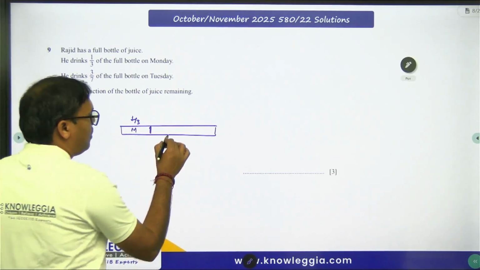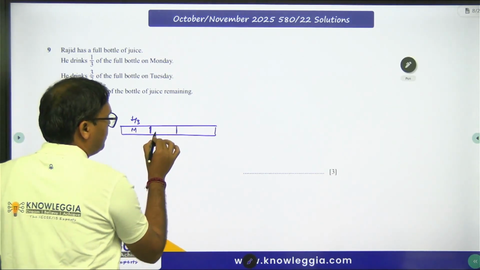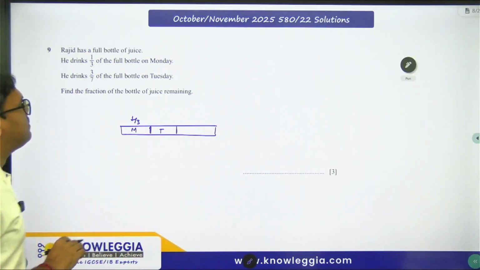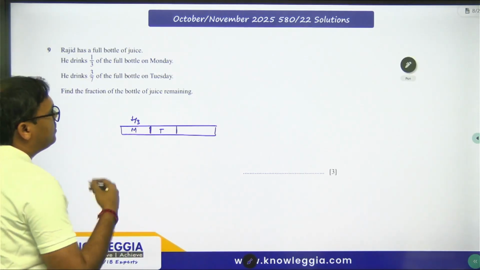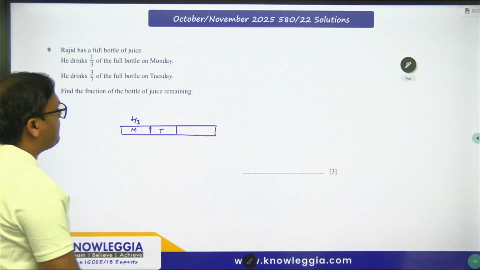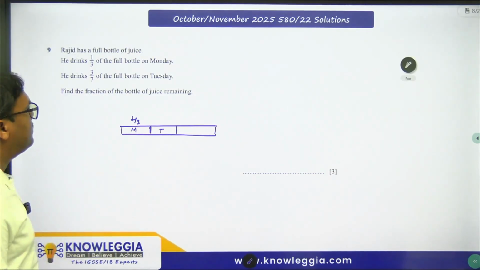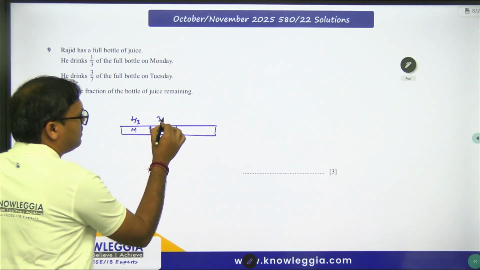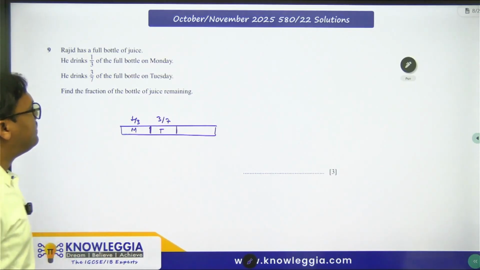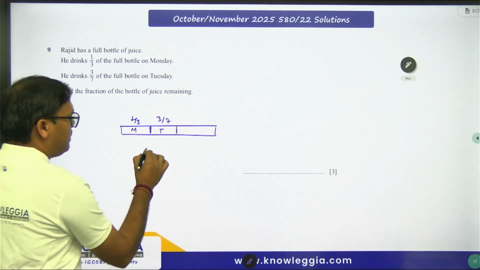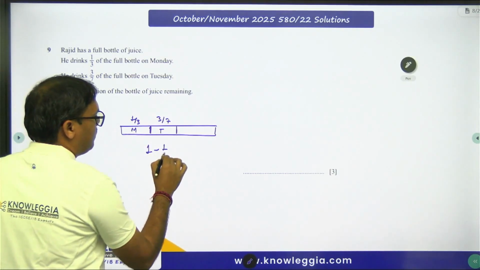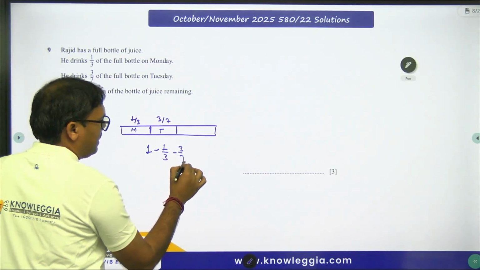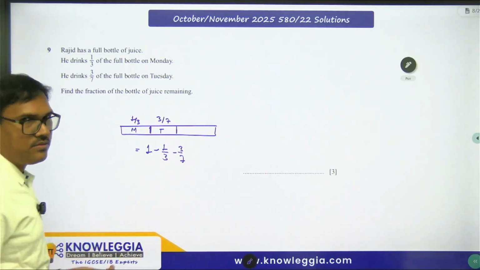Okay. So on Tuesday, he drinks 3/7 of the full bottle. Okay. Fraction of the bottle remaining. Now what is the remaining thing? You can see this is 1 minus 1/3 minus 3/7. That is the fraction remaining, right?